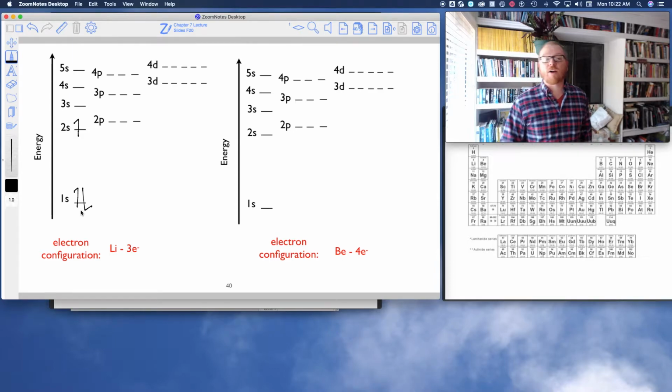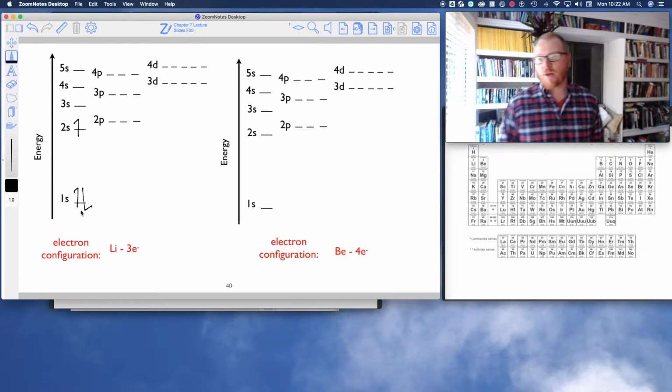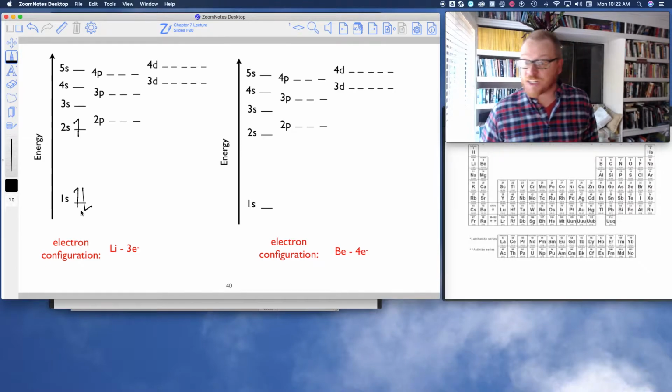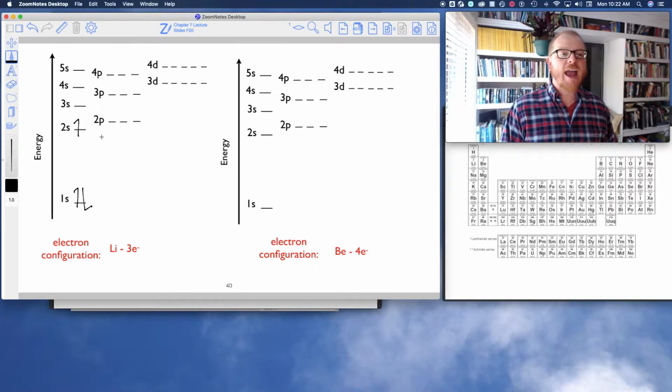We only pair up the electrons if we have to, because after all, they are electrons, they're negatively charged, and they do want to repel each other somewhat. So now this address, or this electron configuration, becomes 1s2 2s1. There's another shortcut that I could also use.